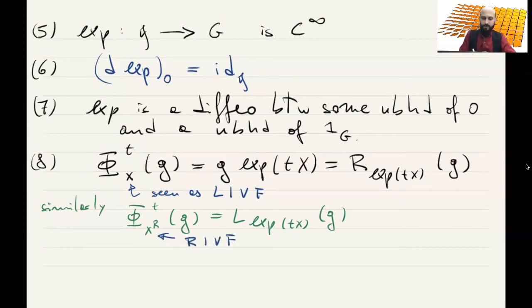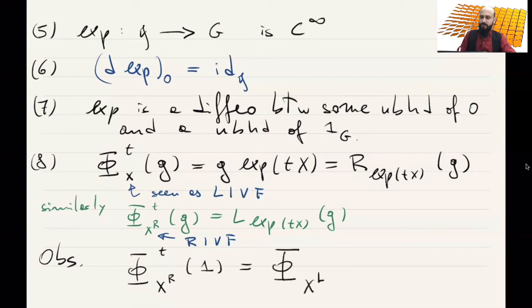Another thing to observe is that these two formulas tell us that if you flow along a right invariant extension of a vector at the identity for any time t, starting from the identity, you go to the same point as if you consider the left invariant vector field associated to x and you flow from the identity.